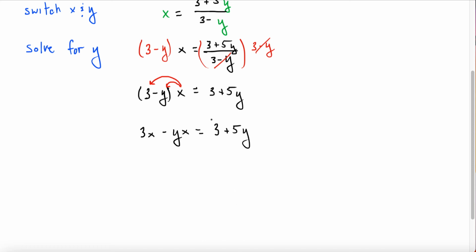So I want to get all my y terms to one side. I want to get this piece and this piece together, and then I can bring everything else to the other side. So I'm going to add yx to both sides.